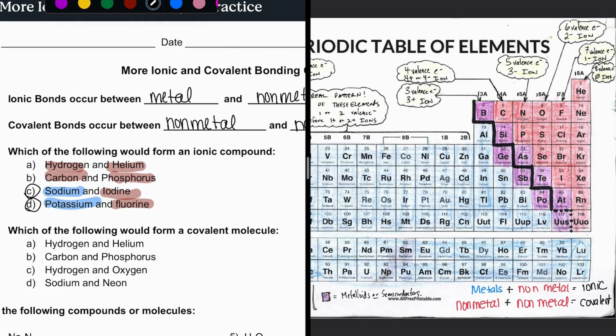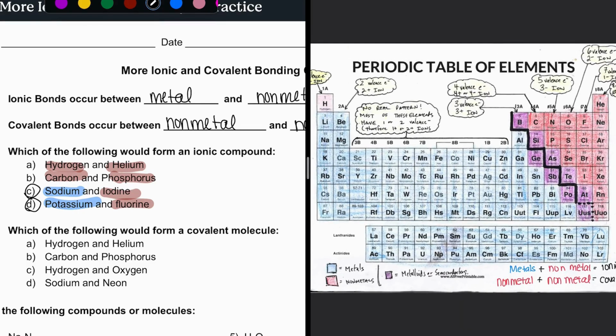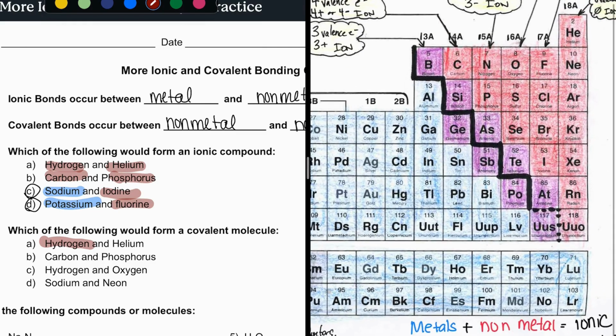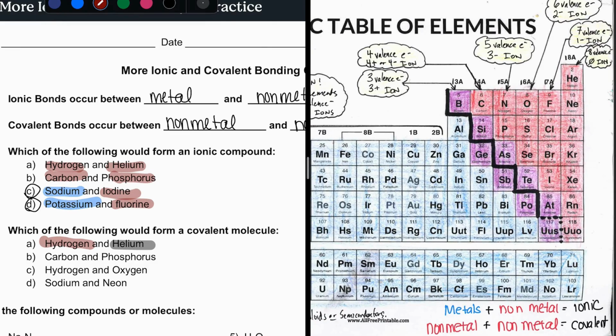Number 4, hydrogen is a nonmetal. And technically, helium is a nonmetal, but helium is in group 8 and doesn't want to bond with anybody. Remember, it's a noble gas, so I don't think that that's going to be our answer. Carbon is a nonmetal. Phosphorus is a nonmetal.